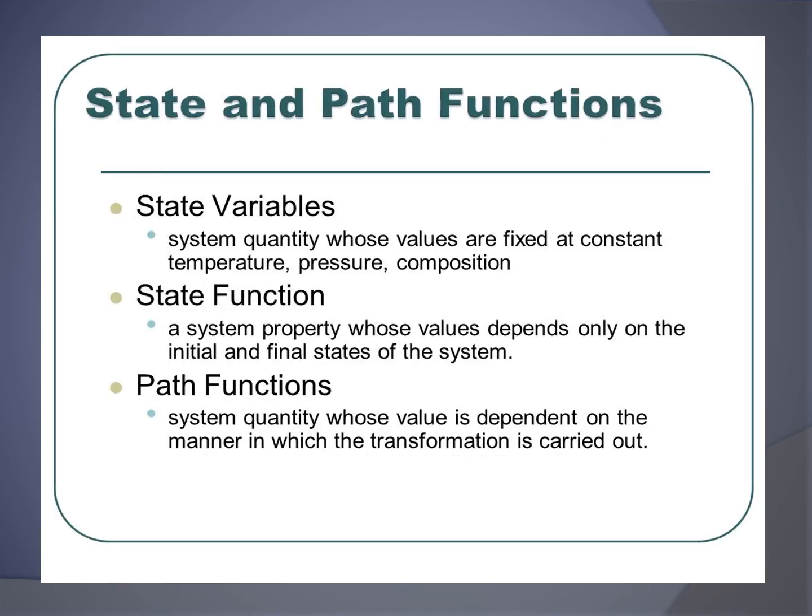Next, state path, state function and path functions. Okay, so what is the state function? What are the state variables? First of all, state variables அப்படின்னா the system quantities whose values are fixed at a constant temperature, pressure and composition.